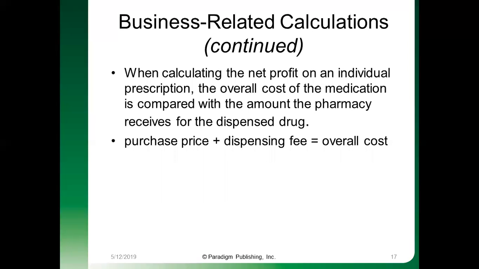When calculating the net profit of an individual prescription, the overall cost of the medication is compared with the amount a pharmacy receives for the dispensed drug. So the purchase price plus the dispensing fee is equal to the overall cost.